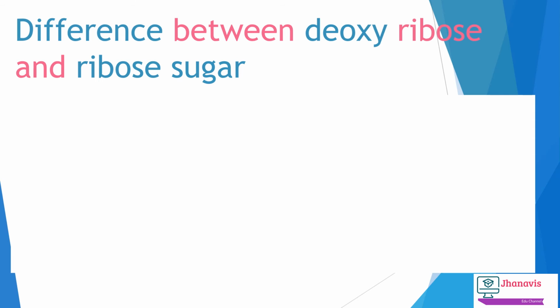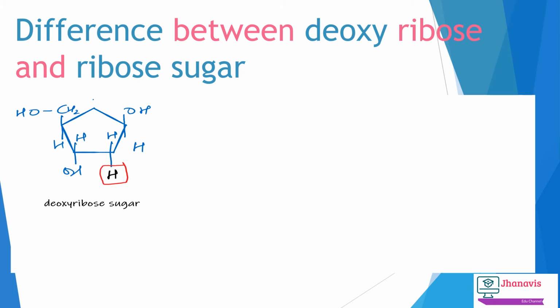The difference between the deoxyribose and the ribose sugar is very important to understand the structure of the DNA and the RNA. Why do we call it a deoxyribose sugar and why do we call it a ribose sugar? You can see in the diagram, we mention it as a pentose sugar because it has 5 carbon atoms.